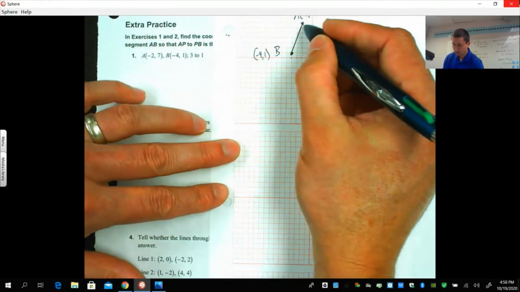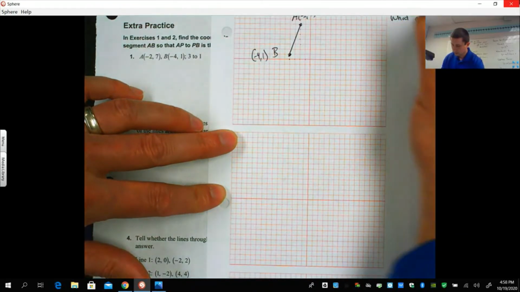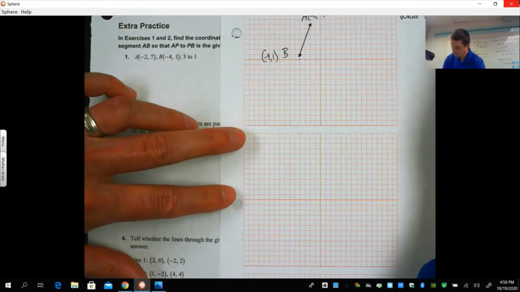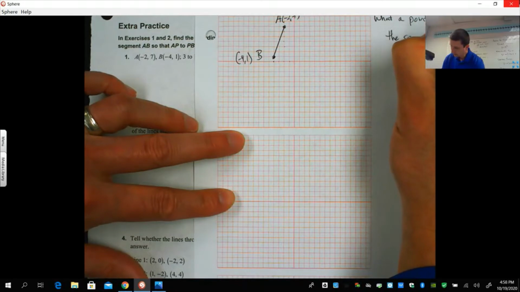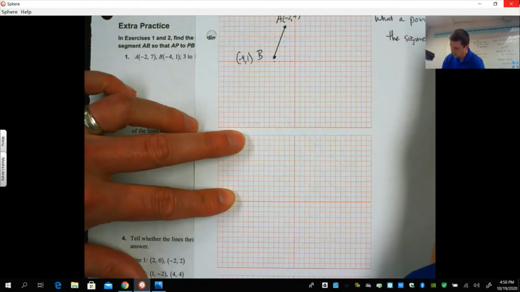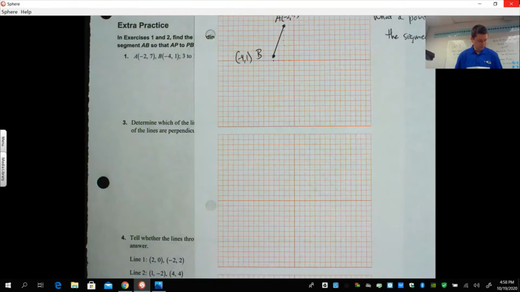So they want a point on segment AB that splits this segment into a ratio of 3 to 1.